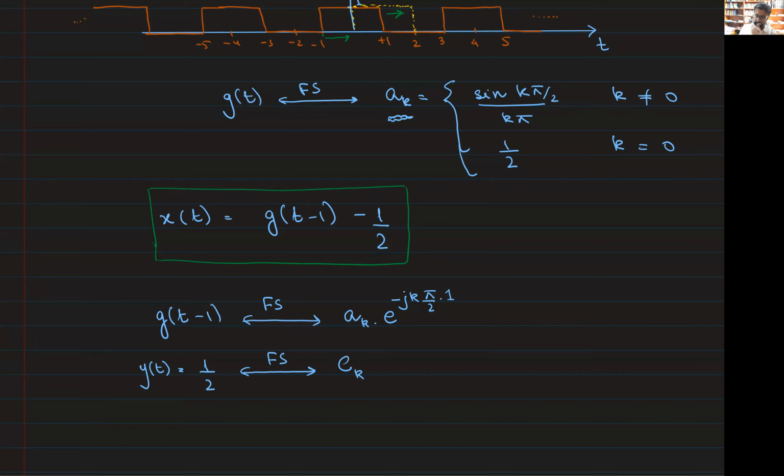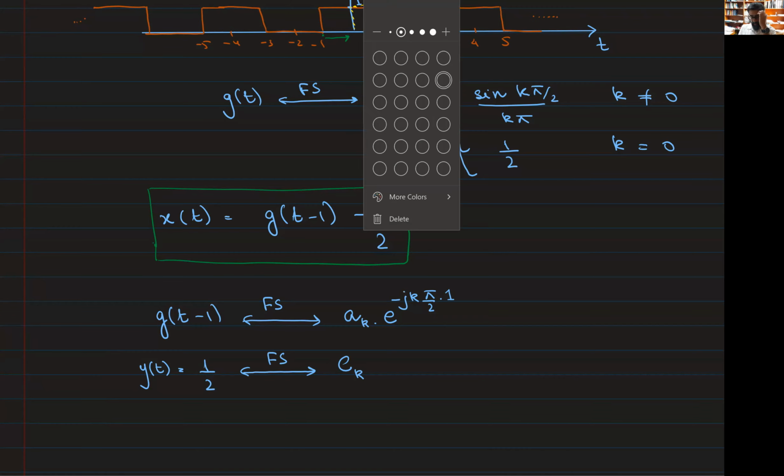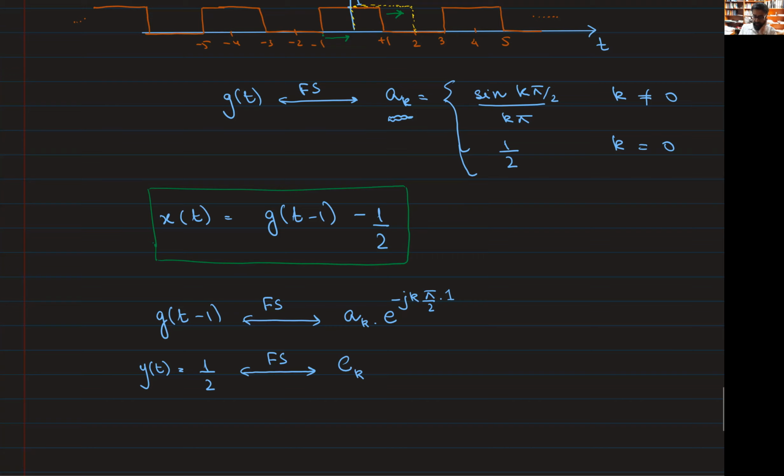Okay, so you're absolutely correct. I can just use observation from the synthesis expression. The Fourier series representation says y of t should be the sum of c_k times e raised to the power j k omega naught t, with k going from minus infinity to plus infinity. On the left hand side I just have half. The only way the right hand side is equal to half is when c naught equals half and c_k equals 0 for all k not equal to 0.